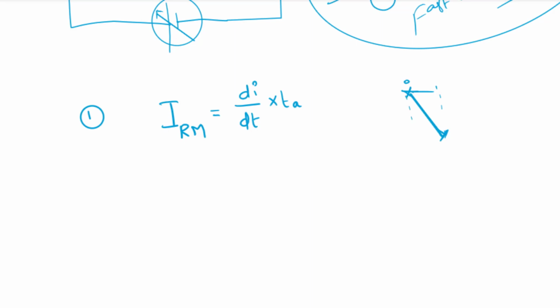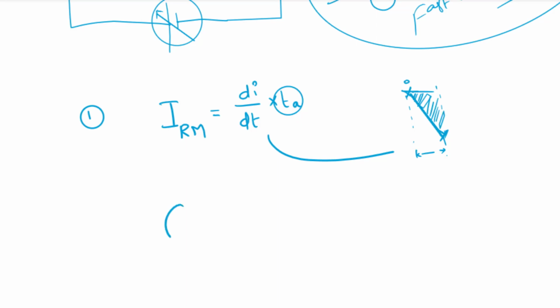At this time this is the current, and at this time this is the current. So this is di by dt with time TA. Now what is the charge recovery in this phenomenon? If you observe, it looks almost like a triangle.